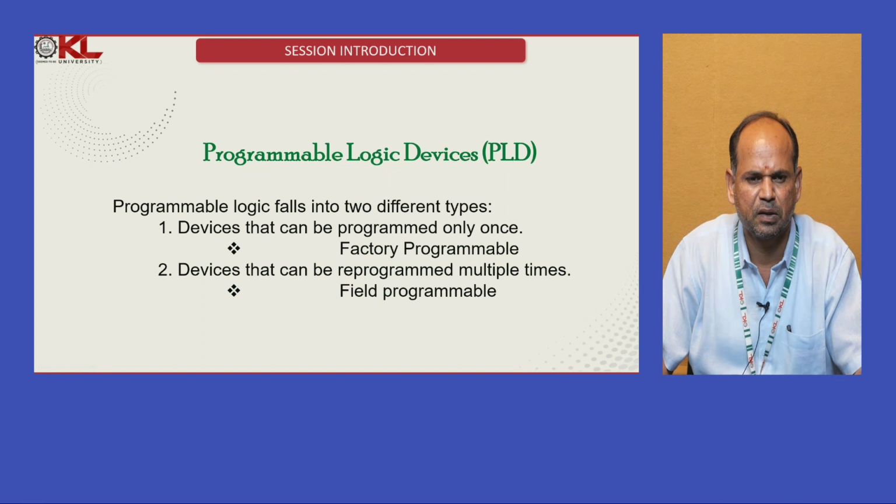The first one is the devices that can be programmed only one time. Usually we call them factory programmable logic devices. The second category is the devices that can be programmed multiple times. If we want to program n number of times, we call them field programmable logic devices.